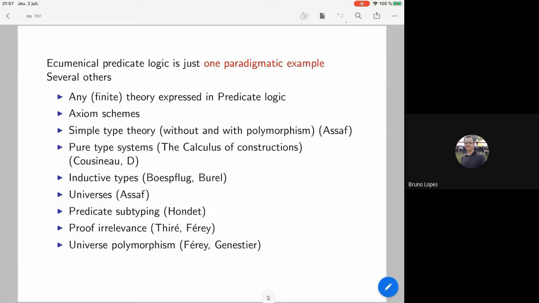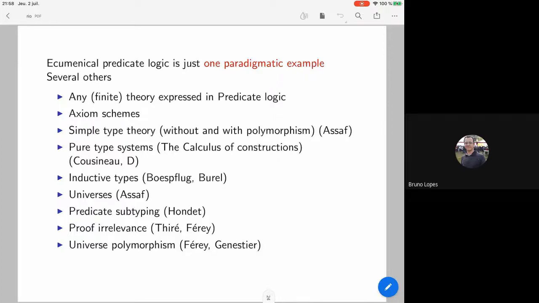PVS is a proof system that implements an extension of simple type theory with predicate subtyping. We have been able to express proof irrelevance, which is a feature of some type theories. And universe polymorphism is almost finished. Gaspard Ferret and Guillaume Genestier will defend their thesis soon.